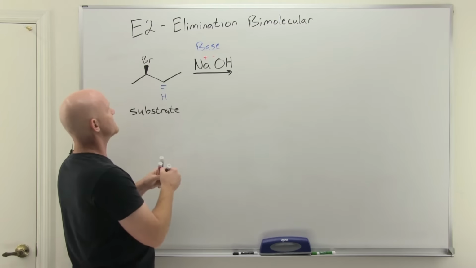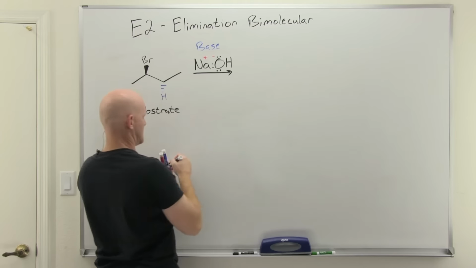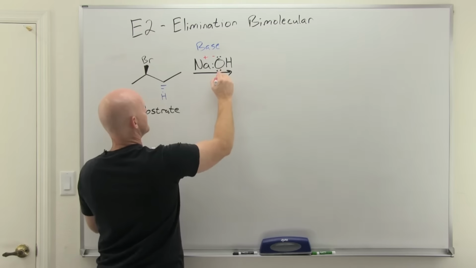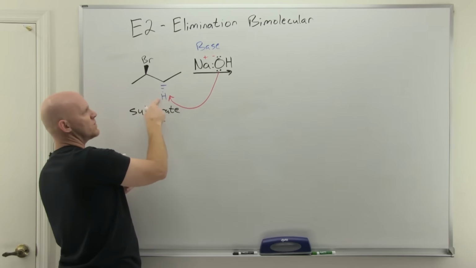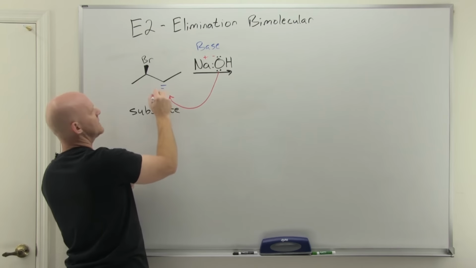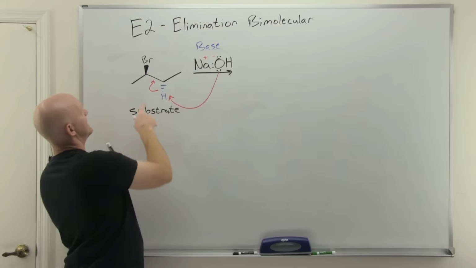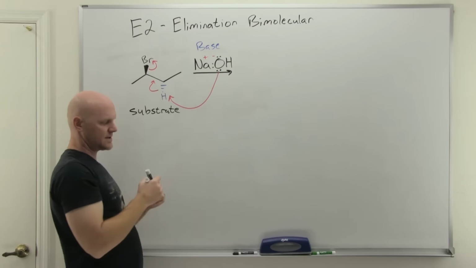All right, the way this is going to work is we're going to have sodium hydroxide come over here, and it's going to deprotonate a beta hydrogen. So that's going to free up these electrons. Hydrogen can only have one bond, so if we're making a new one here, the old one breaks, and that's where the electrons come from to make the pi bond. And so that we don't violate the octet rule, this bond to bromine has to simultaneously break.